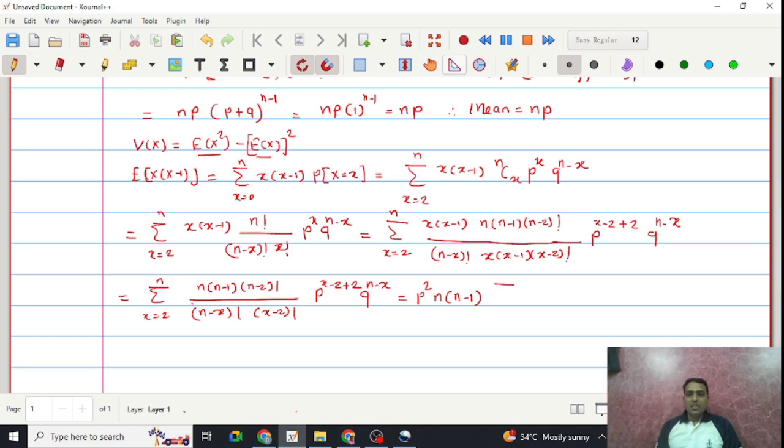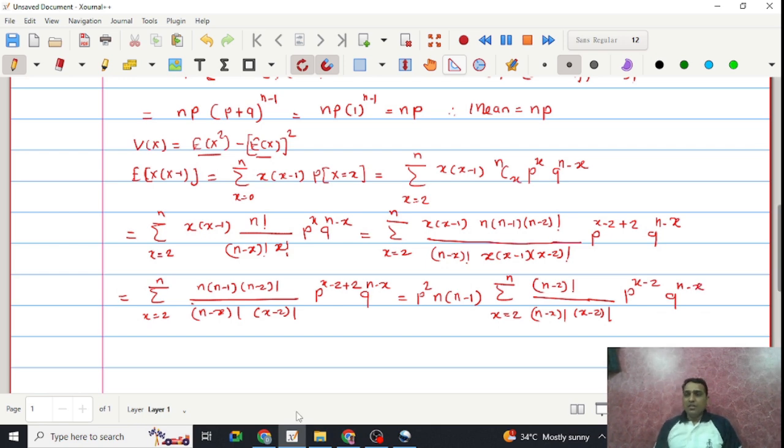What is remaining inside? Summation over x taking values 2 to n of (n minus 2) factorial upon (n minus x) factorial (x minus 2) factorial, p raised to x minus 2 and q raised to n minus x.